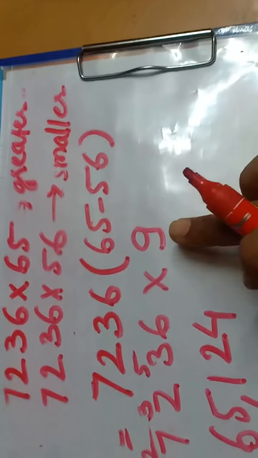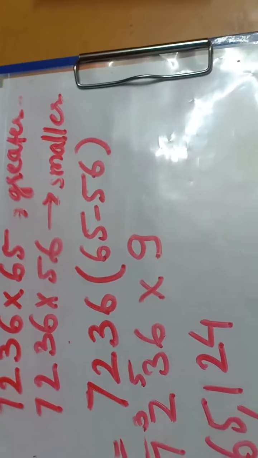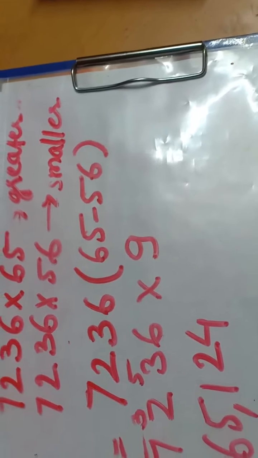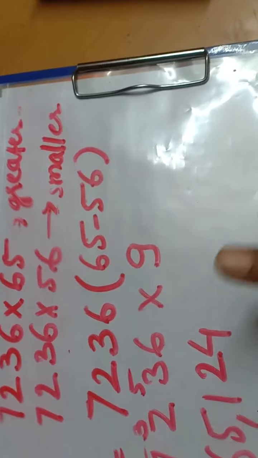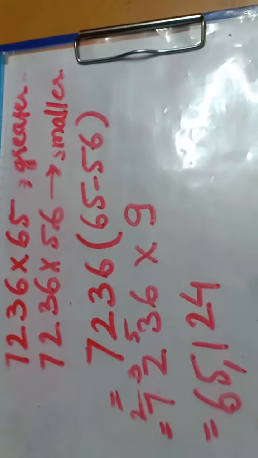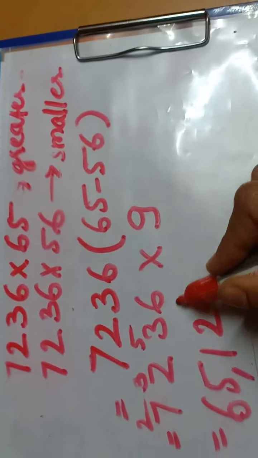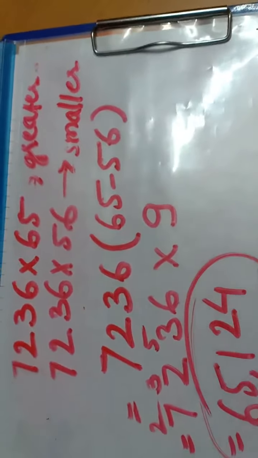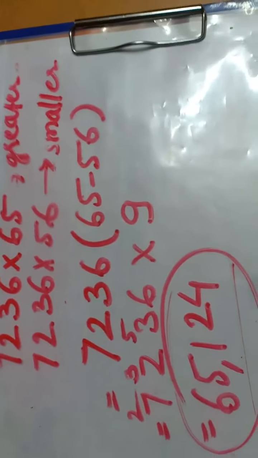Once again we will do the multiplication. 9 6s are 54, 5 carry and 4, 9 3s are 27, 27 plus 5 is 32, 9 2s are 18, 18 plus 3 is 21, 9 7s are 63 and 2, 65. Okay, correct. So his answer was greater than the actual one by this number. It was greater by 65,124.